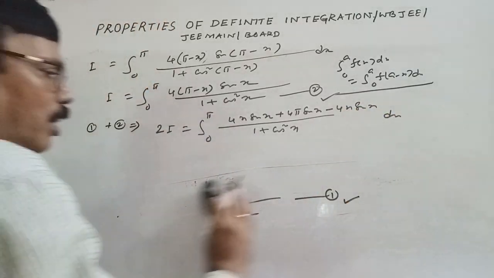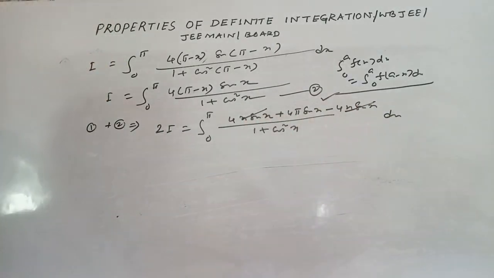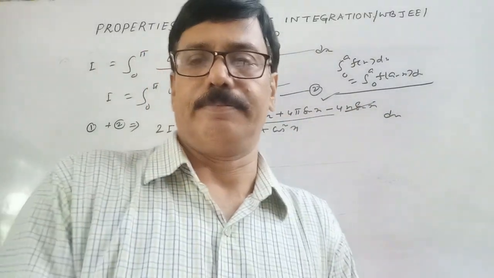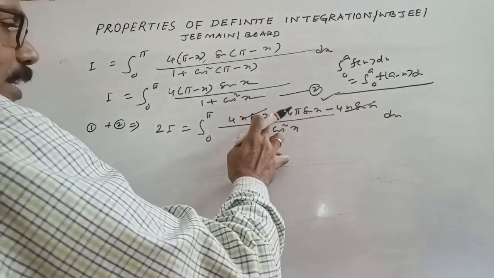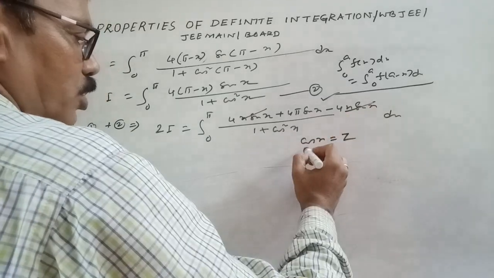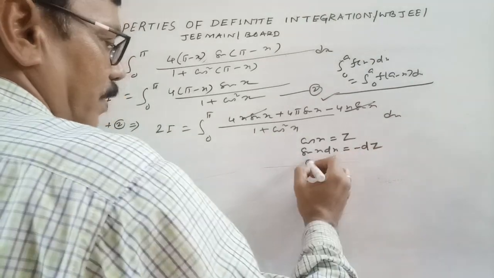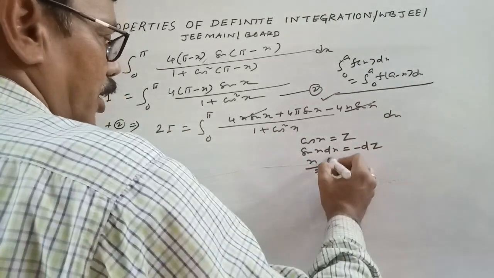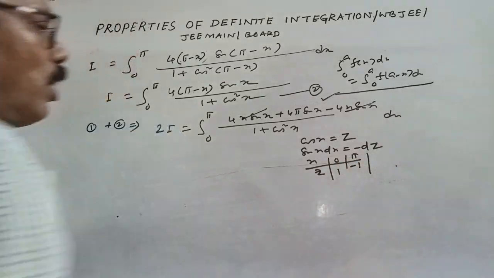So this is our main aim, to cancel x. Now put cos x equals z, so sin x dx equals minus dz. Then change the limits: cos 0 is 1, cos pi is minus 1.